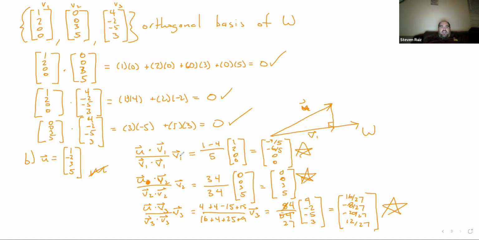So to find the orthogonal projection of u onto the entire subspace, my final answer is going to be whatever I get when I add these things together. So negative 3/5 plus 16 over 27, negative 6/5 minus 8 over 27, and so on. So that'll be your final answer for the orthogonal projection.